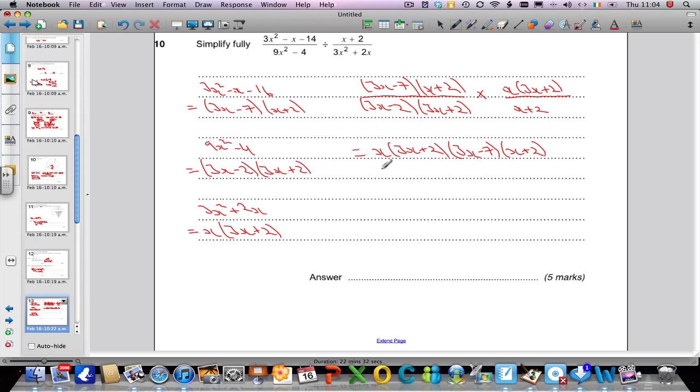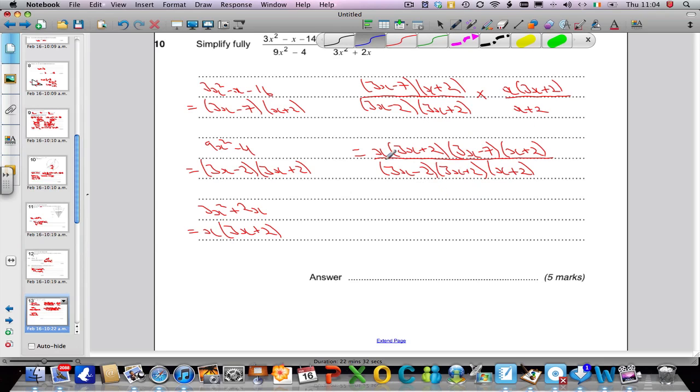And underneath we get 3x minus 2 times by 3x plus 2 times by x plus 2. So I've just multiplied top by top. Didn't multiply anything out, but basically I've just stuck all the terms together.